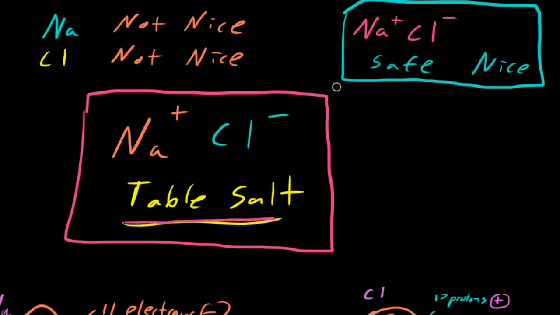This is sort of more or less explaining those types of tendencies. The only difference between this sodium atom and this sodium ion is one electron. Sodium has just lost one electron, and chlorine has only gained one electron. But it drastically changes the properties of these atoms.